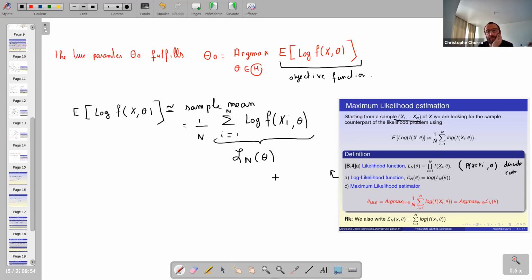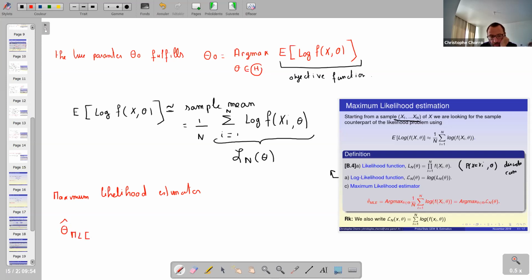And in fact, I see that 1 over n times the log likelihood is something that approximates my objective function having theta 0 as a maximum. And what we are going to call the maximum likelihood estimator, based on these capital N observations, is something that I will denote this way.